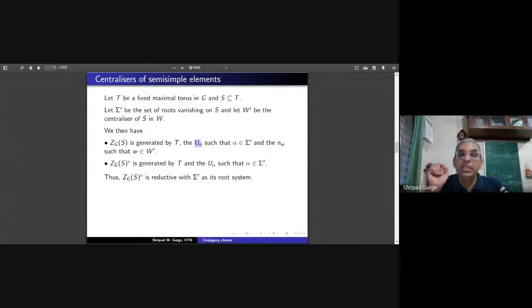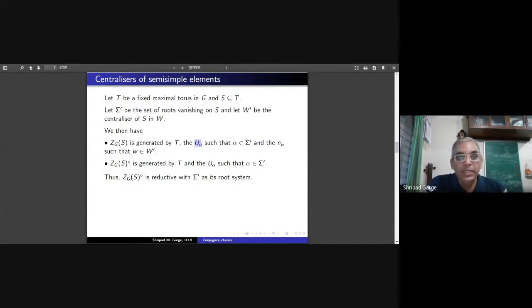Again, W prime is the centralizer of S in W. W prime is the set of all elements in W which fix each element of S under conjugation. So you take the corresponding NWs. All these have to be there in the centralizer. But the nice thing is that the centralizer is also generated by these.